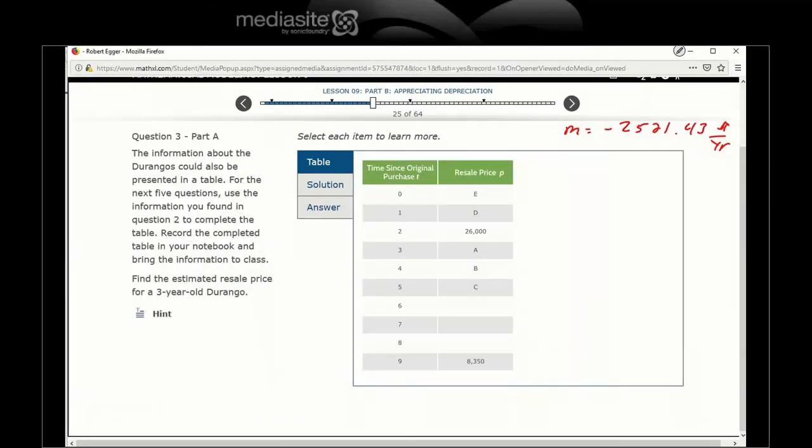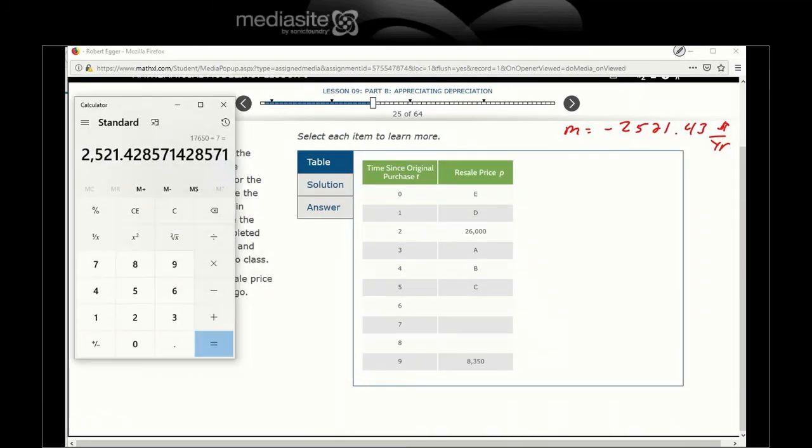Okay. So I'm going up in years. So let's add 2,521.43 there. Let's clear this out. So 26,000 plus 2,521.43 means D should be 28,021.43.